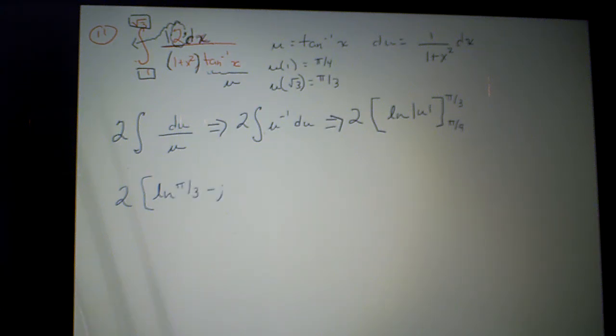Ew, this looks pretty ugly. Again, I leave it here. I leave it alone if I'm not doing multiple choice. I could see this in multiple choice this way, using log properties. Cleans up a little better.